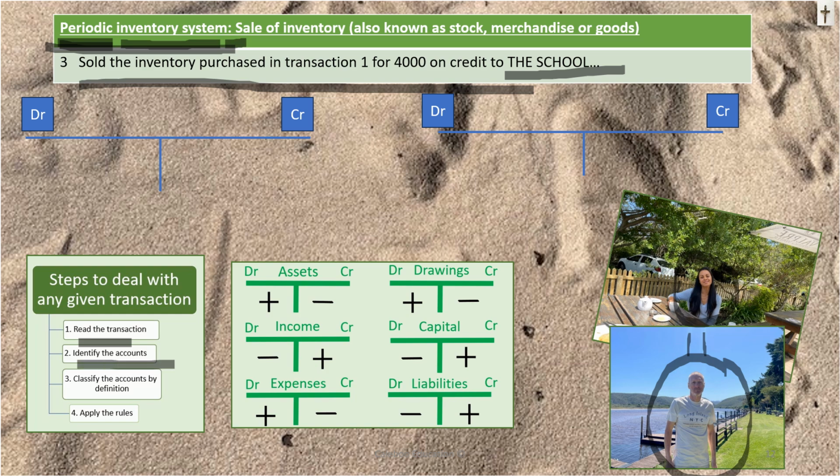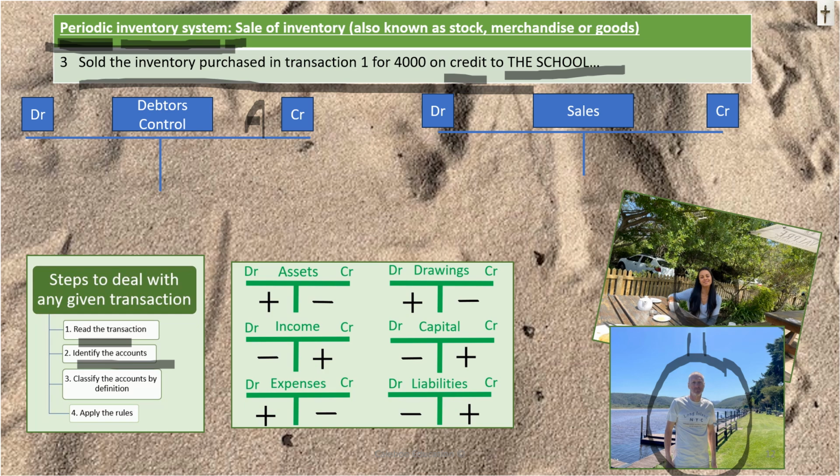It was on credit, so we have debtors control, or you call it accounts receivable, and we have sales. Don't want to confuse you.